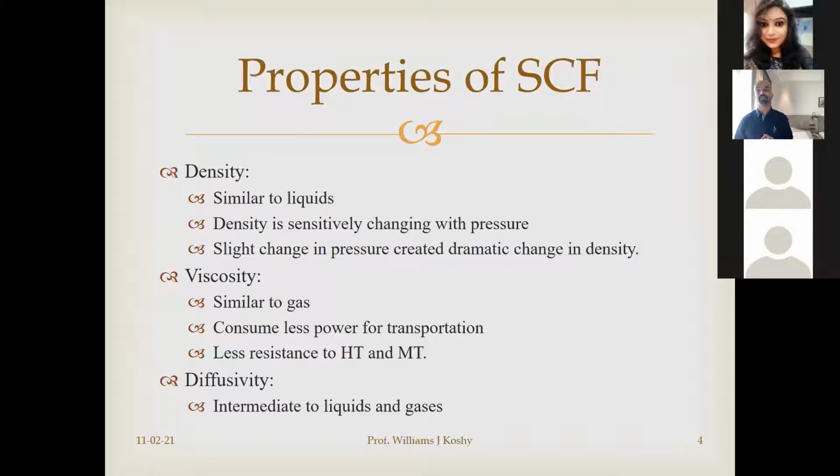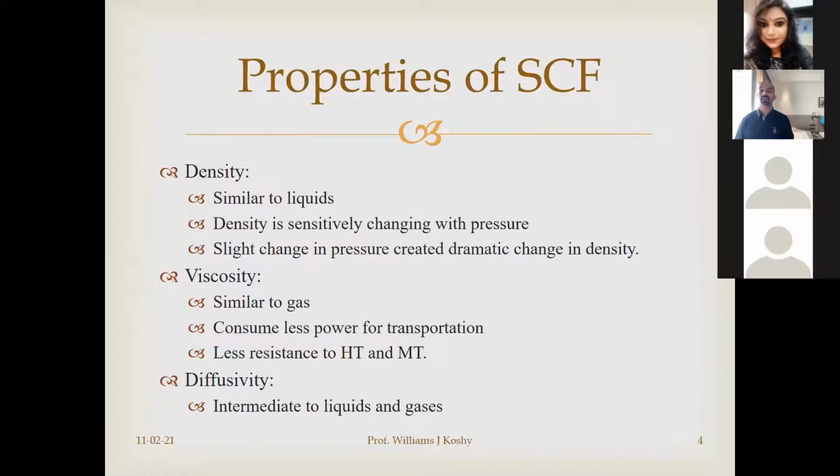Now coming to viscosity. The viscosity of a supercritical fluid is similar to that of a gas. Viscosity means the resistance to flow. If you want to pump a component or make it move from one place to another, you require some energy.